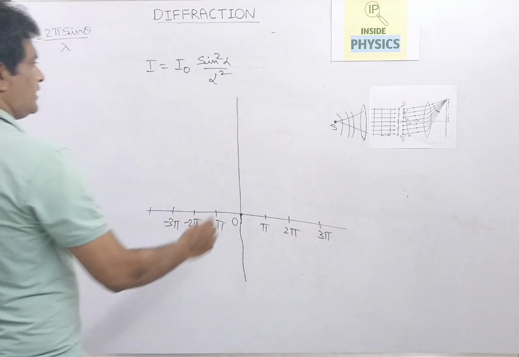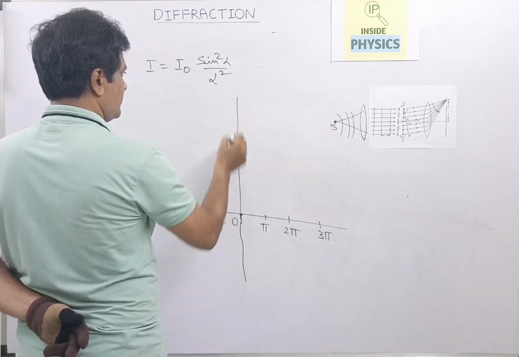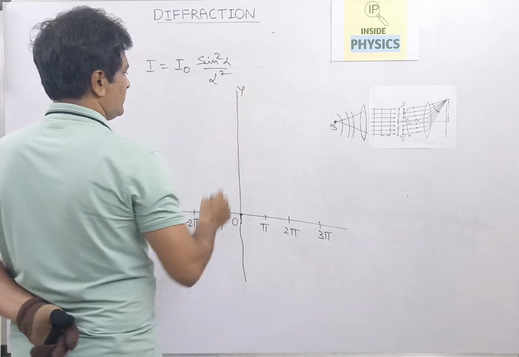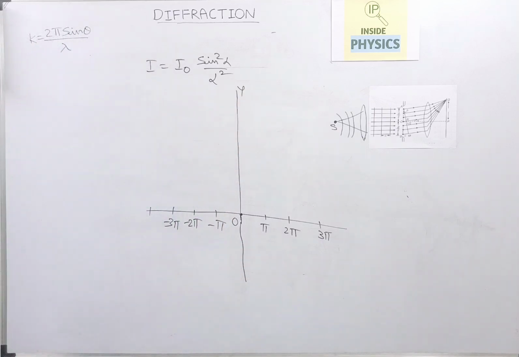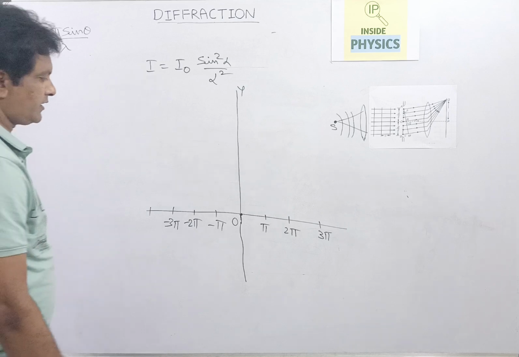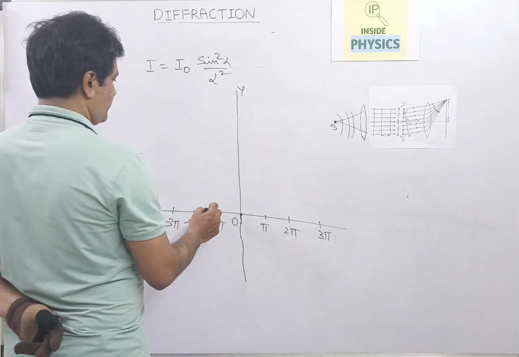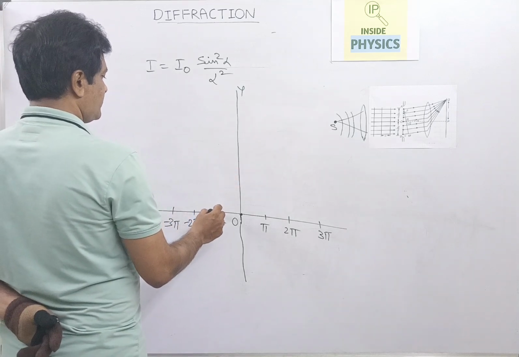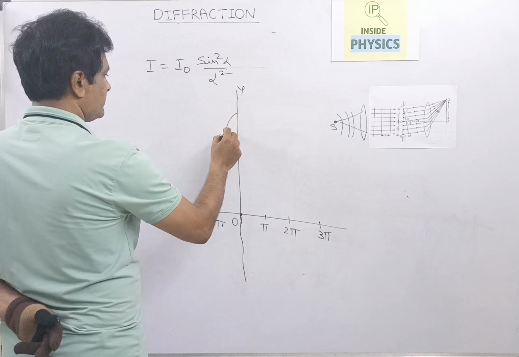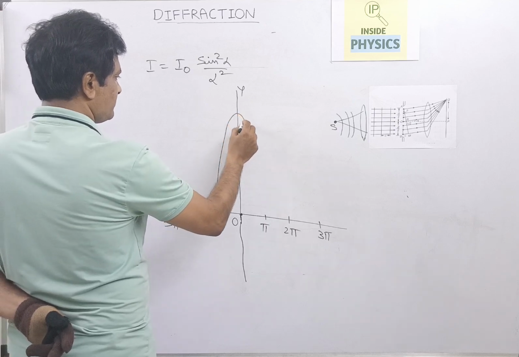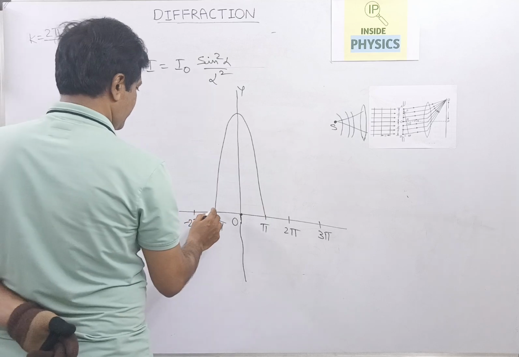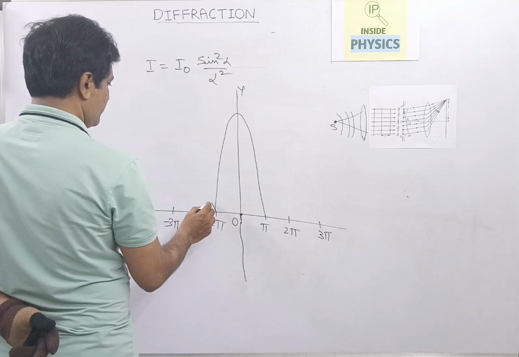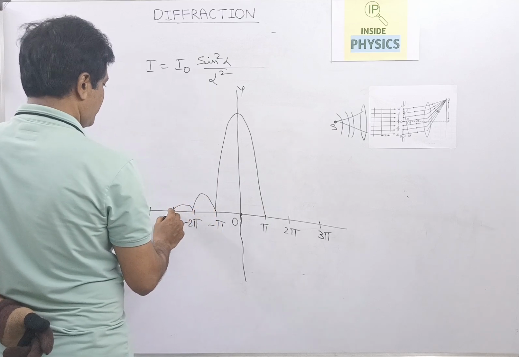Okay, so here the intensity is taken on the y-axis, and the angle of diffraction is taken on the x-axis. What we observe is that the intensity pattern will look like this: there is a central maximum with highest intensity, and the intensity will go down like this and fall.